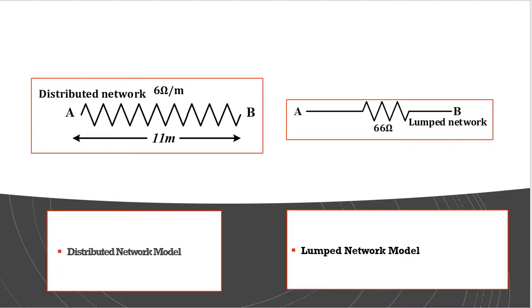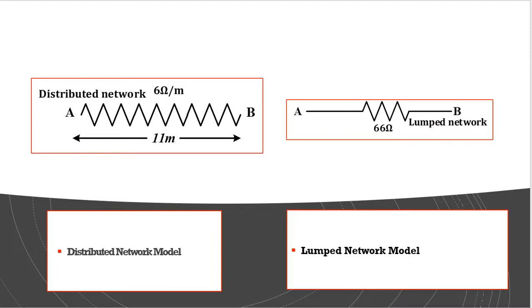Therefore, if we want to find the total resistance across this distributed network of 11 meters, we will find 11 times 6, which is 66 ohms, for an 11 meter long distributed network or 11 meter long transmission line, as we have 6 ohm resistance for each meter, right.